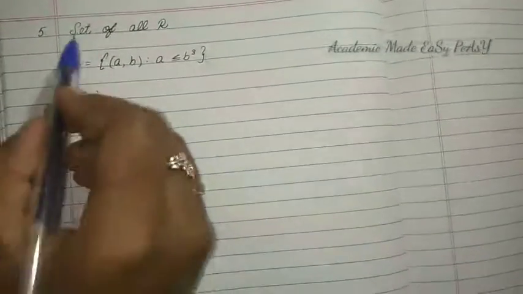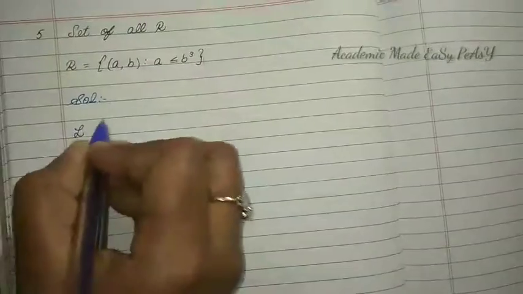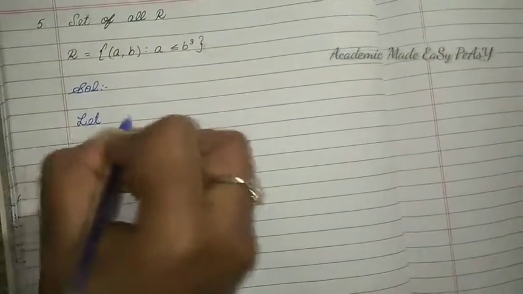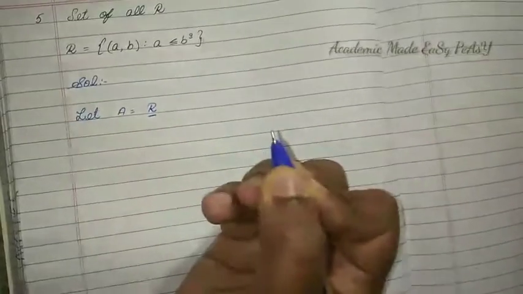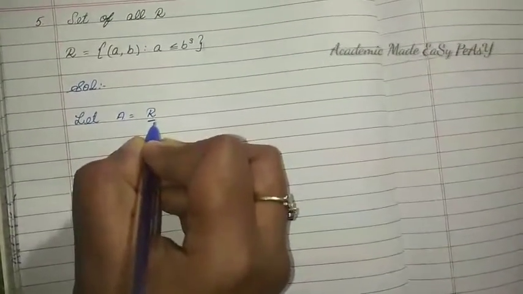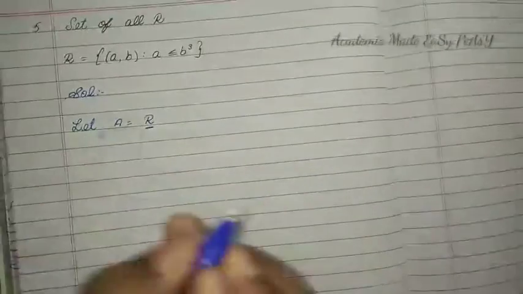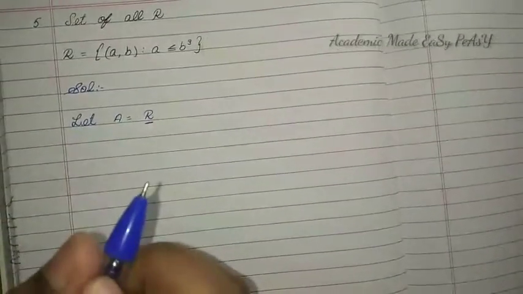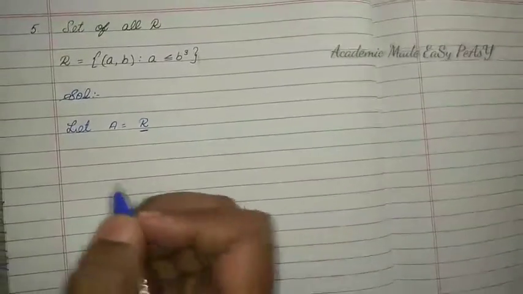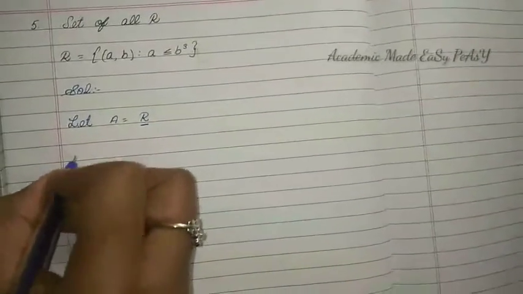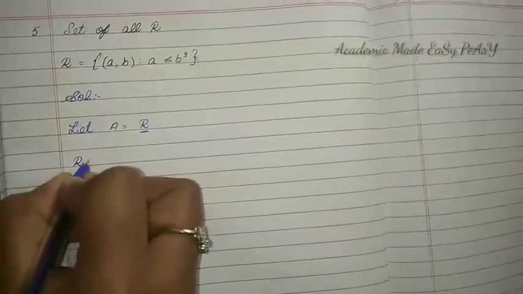So I'm taking this set of all real numbers as let A equal R. I am highlighting it by underlining it. So this represents my real numbers. Then the R is already written over there. So now we have to check whether it is reflexive, symmetric or transitive. So we'll start checking it. So first is reflexive.